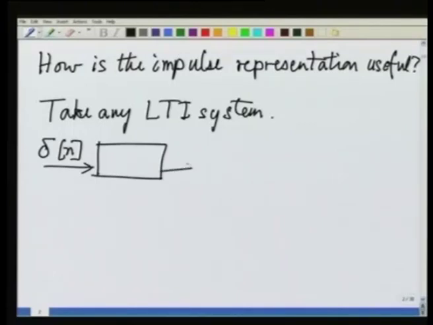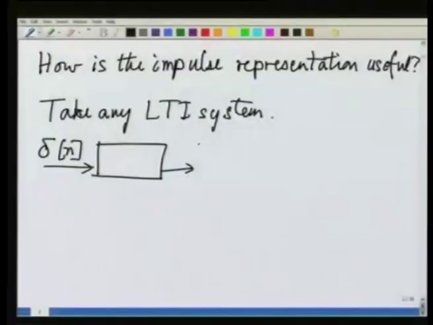Now, this Kronecker impulse is also a particular signal, and so there must be some output that the system produces for this signal. Let that output be some signal which we call h n. It is also a discrete time signal. So, you apply the Kronecker impulse to the input and observe the output, call it h n.